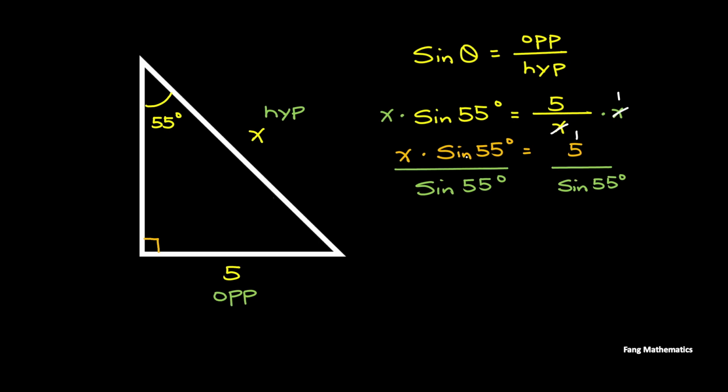On the left-hand side, your sine 55 degrees eliminates with sine 55 degrees, leaving you x. While on the right, you should get 5 over sine 55 degrees.